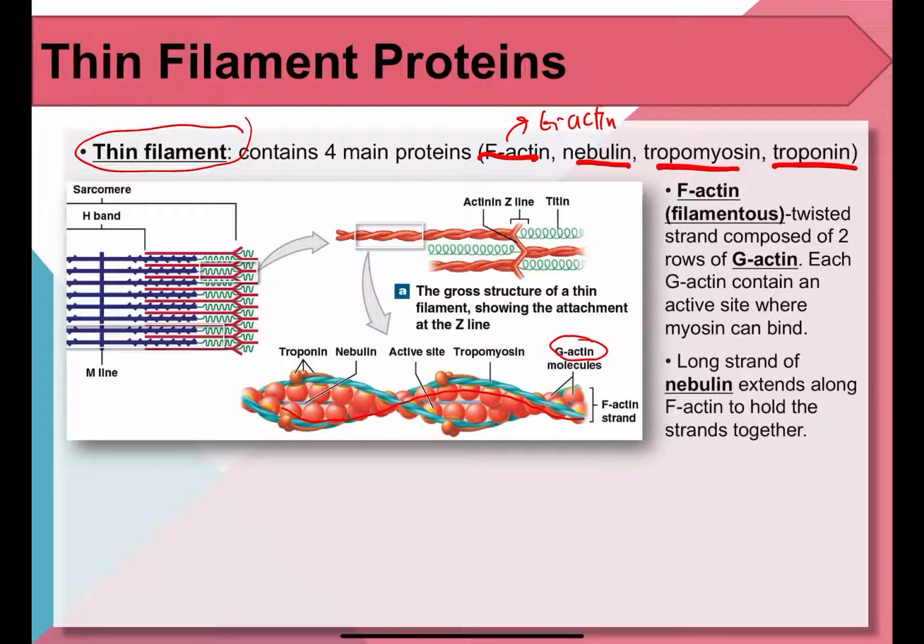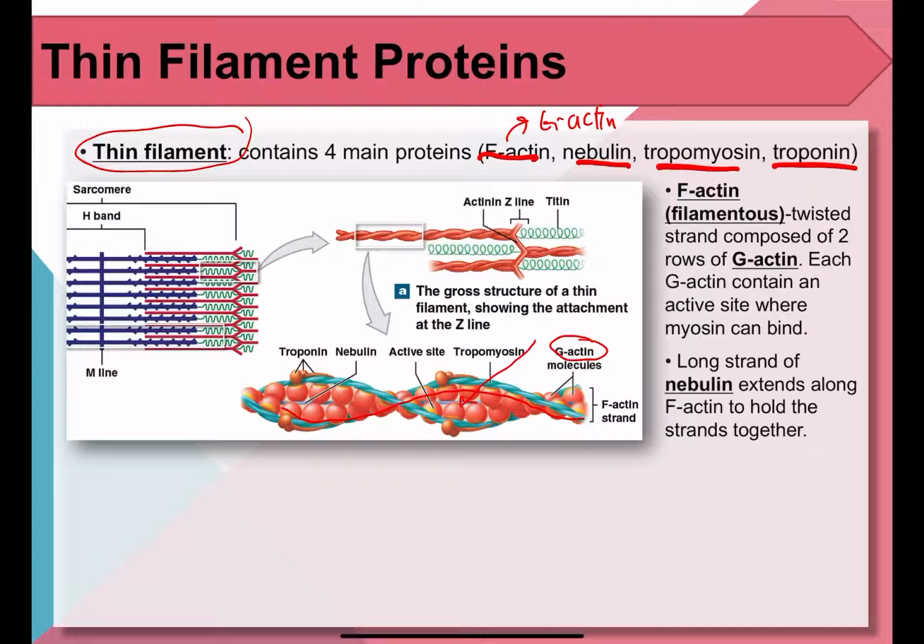All right, and what happens is that F-actin is actually twisted around a thin, long strand that you're seeing here in blue right there. That's called the nebulin, okay? So that's what the F-actin is winding around to give you that nice twisted structure of the actin.